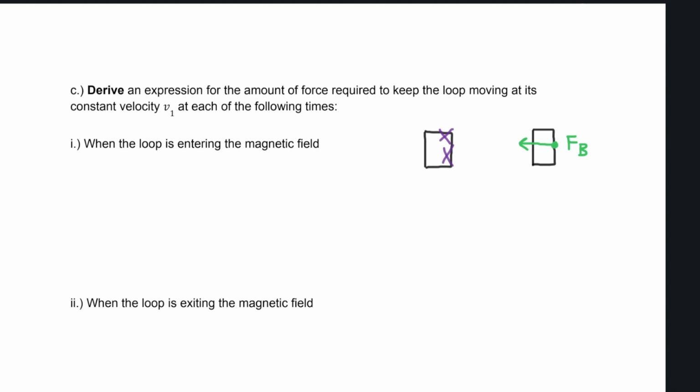So we know that the external force has to exactly balance this resisting magnetic force that's attempting to push the loop out of the field. And our expression for the magnetic force is BIL. And we know that the current induced in the loop is just the EMF divided by the resistance.